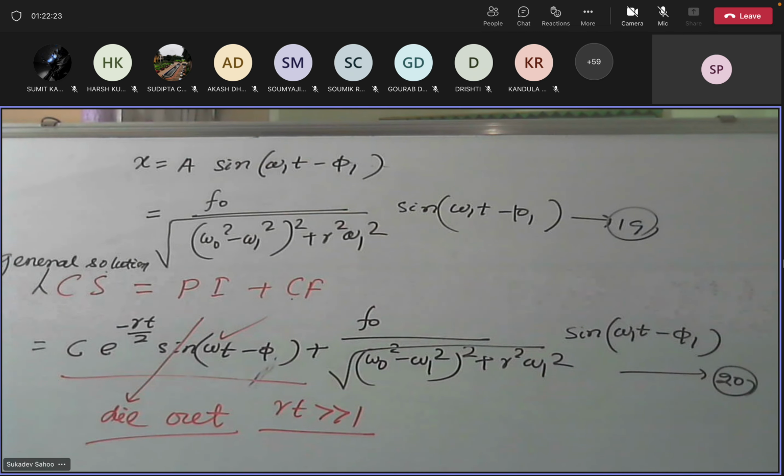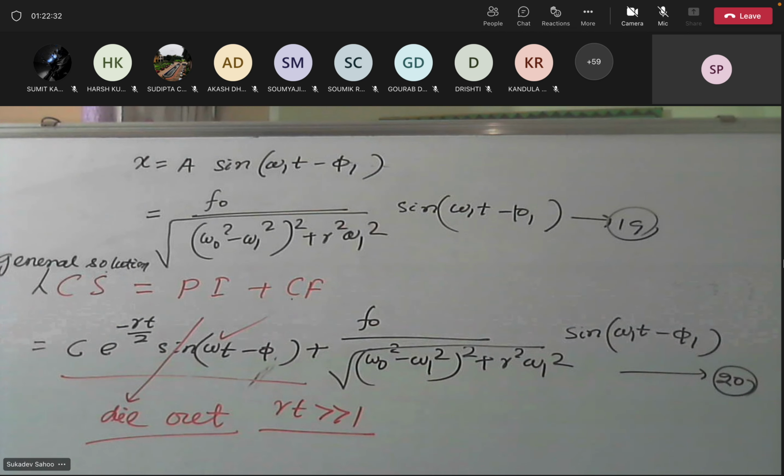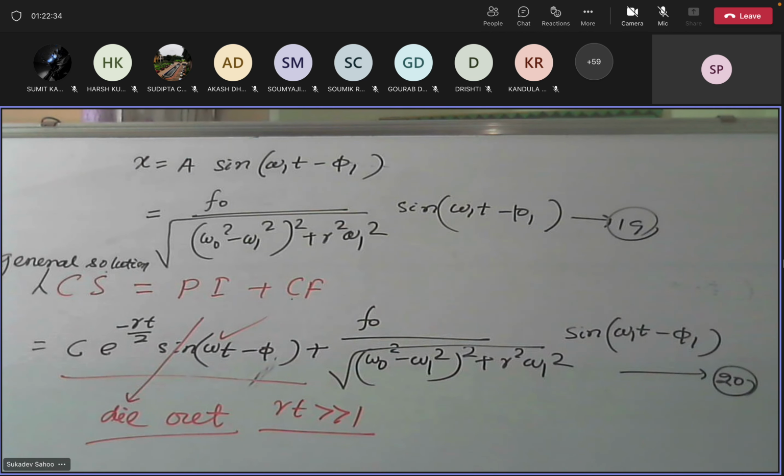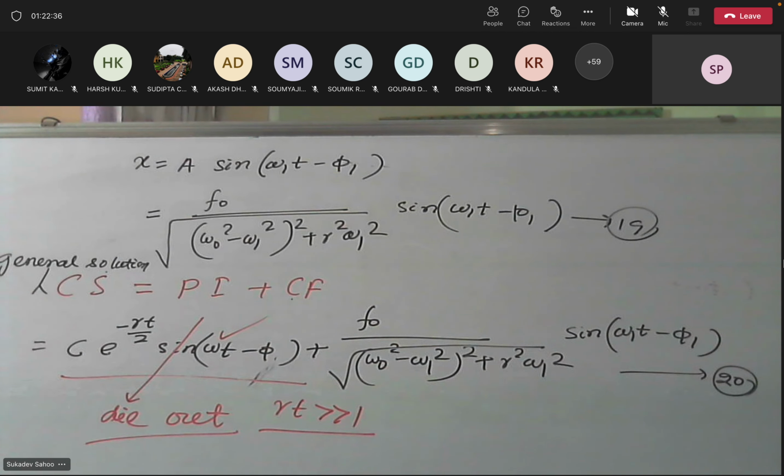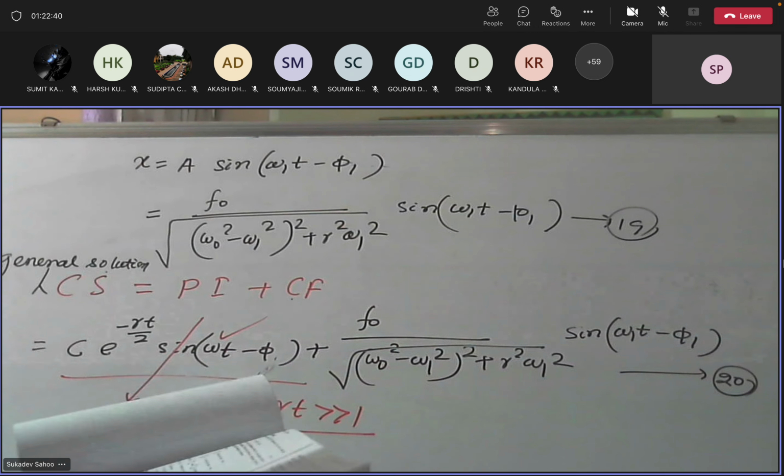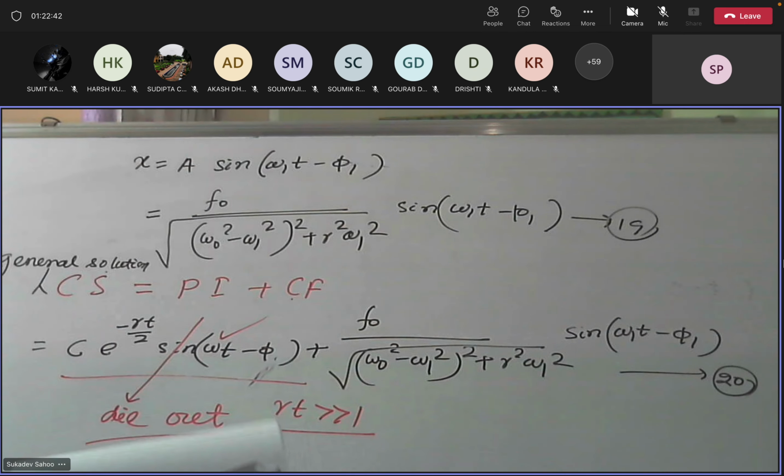Hence, as time passes on, we have seen that free damped oscillations die out and the body will vibrate with the frequency omega 1, which is equal to the frequency of the external force. So from this it is clear that this is the general solution for forced damped oscillation.